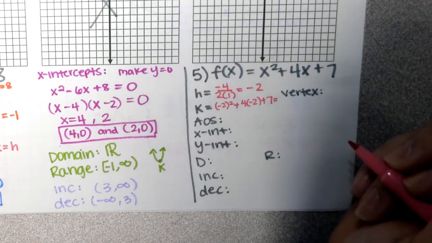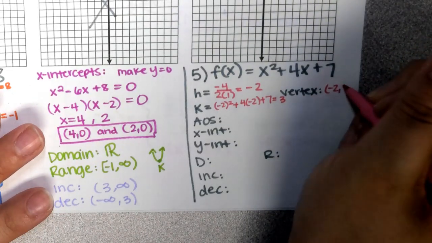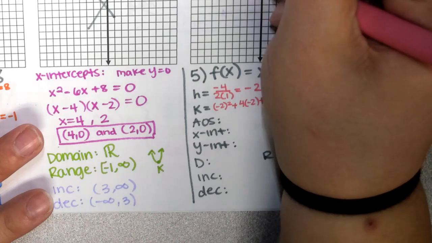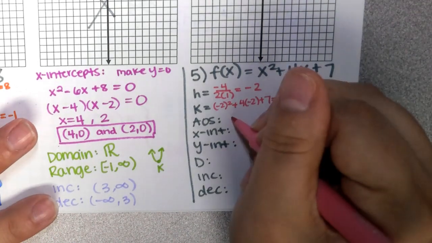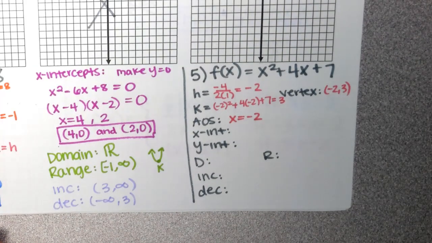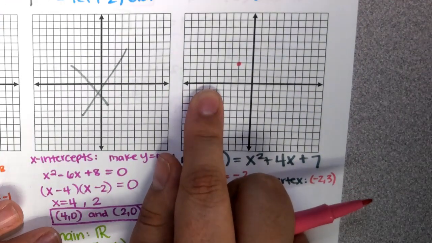Did y'all get 3? Cool. So -2, 3, I'm going to plot that point. What's your axis of symmetry? X equals -2. If you do not put x equals, that'll be points off. Don't just put -2.